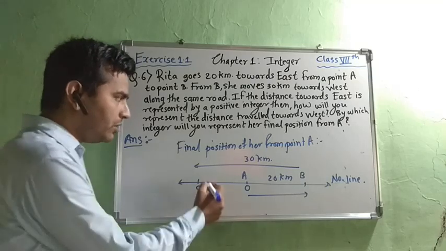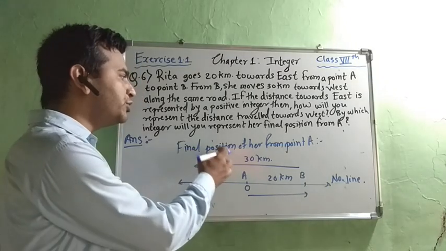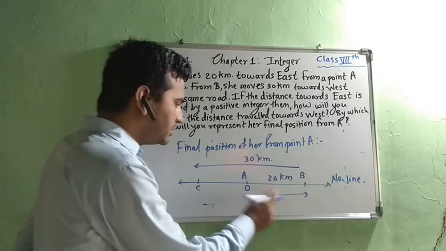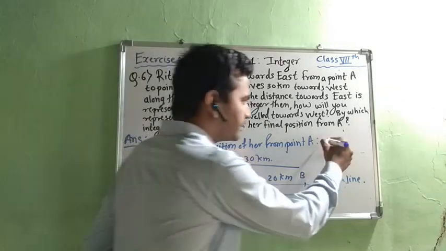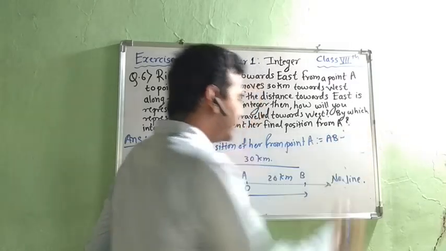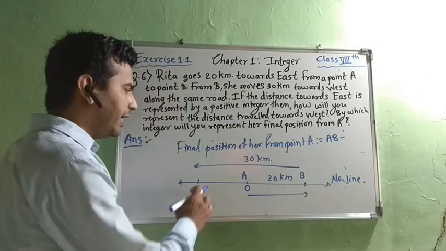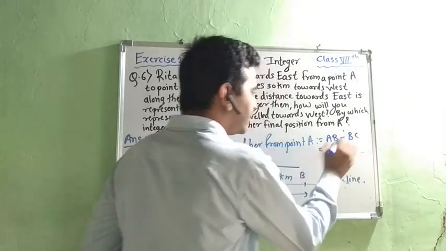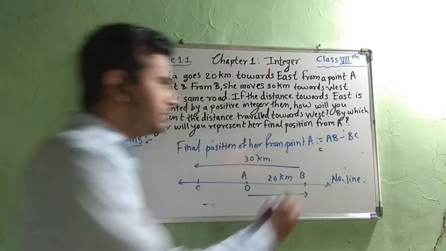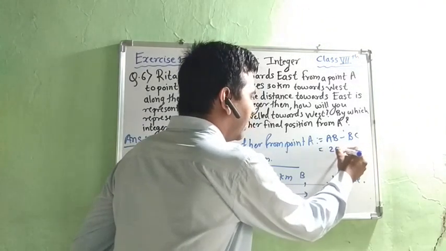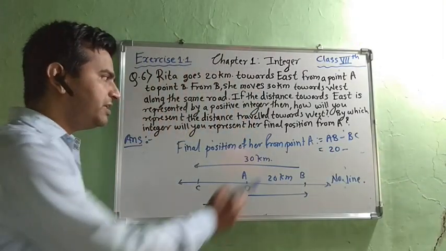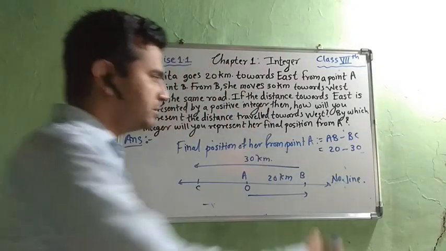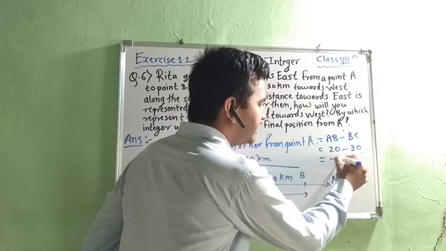Okay, so here we have to find the final position of her from point A. So here we have to do AB minus BC. Now what is the distance AB? Distance AB is 20 and distance BC is 30. So when we subtract, we get minus 10.